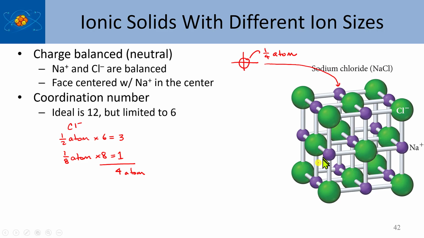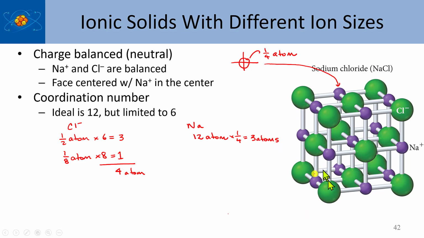Right? So how many do we have? We have a total of 12. So we have 12 edge atoms. So this is for sodium. There's 12, each one being 1/4 of an atom in the unit cell. So 12 times 1/4, that should be 3 atoms.